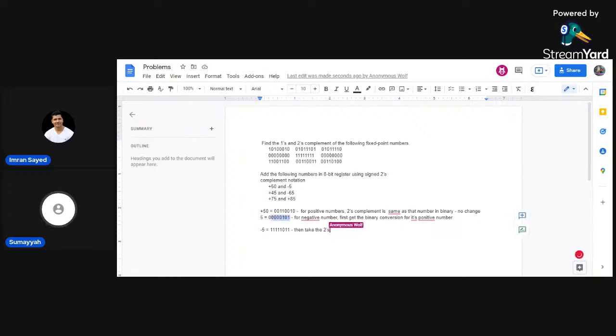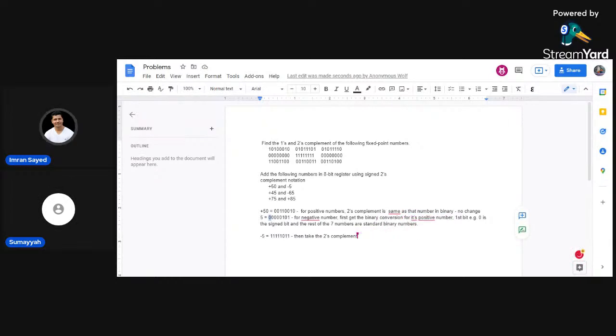So actually, the 7 bits are the actual number, the magnitude, and this first bit is the sign bit. For example, 0 is the sign bit, and the rest of the 7 bits are for the number. That's fine.